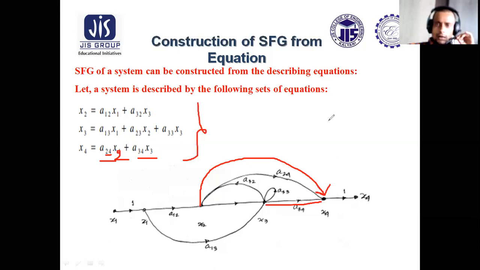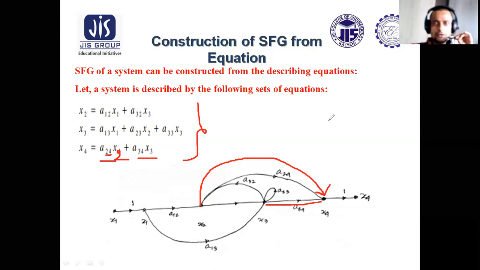So today we'll end here, and let me summarize the lesson of today's class. Today we discussed what is SFG, why we should study SFG, how we can use SFG to get the overall transmittance of a system, and the basic terminologies such as loop, node, loop gain, forward path gain, all these terminologies associated with signal flow graphs.